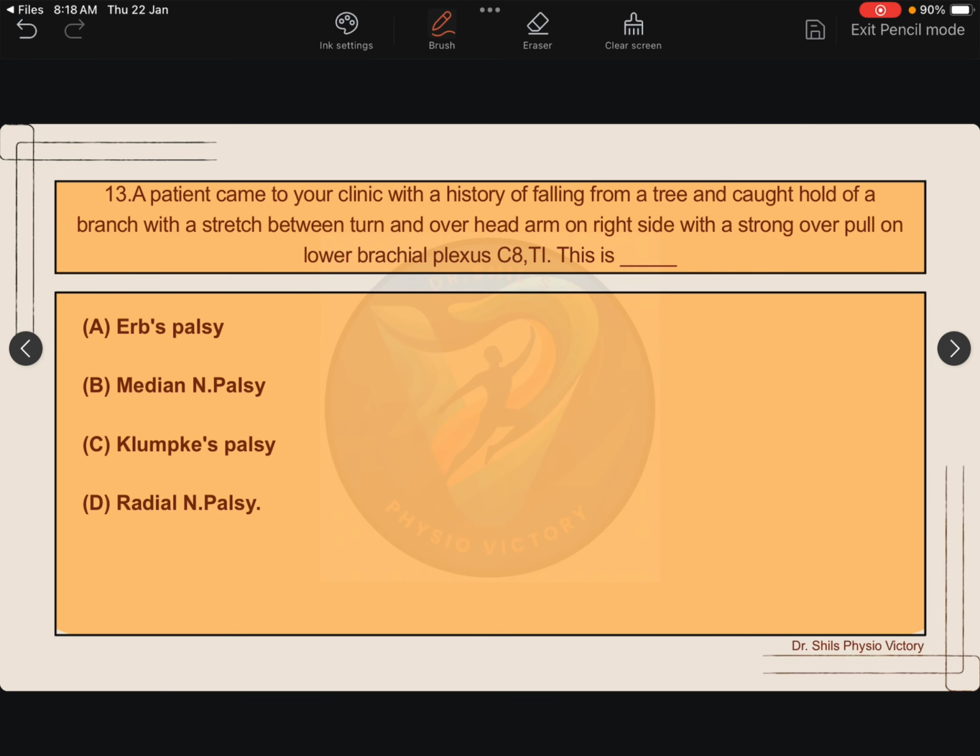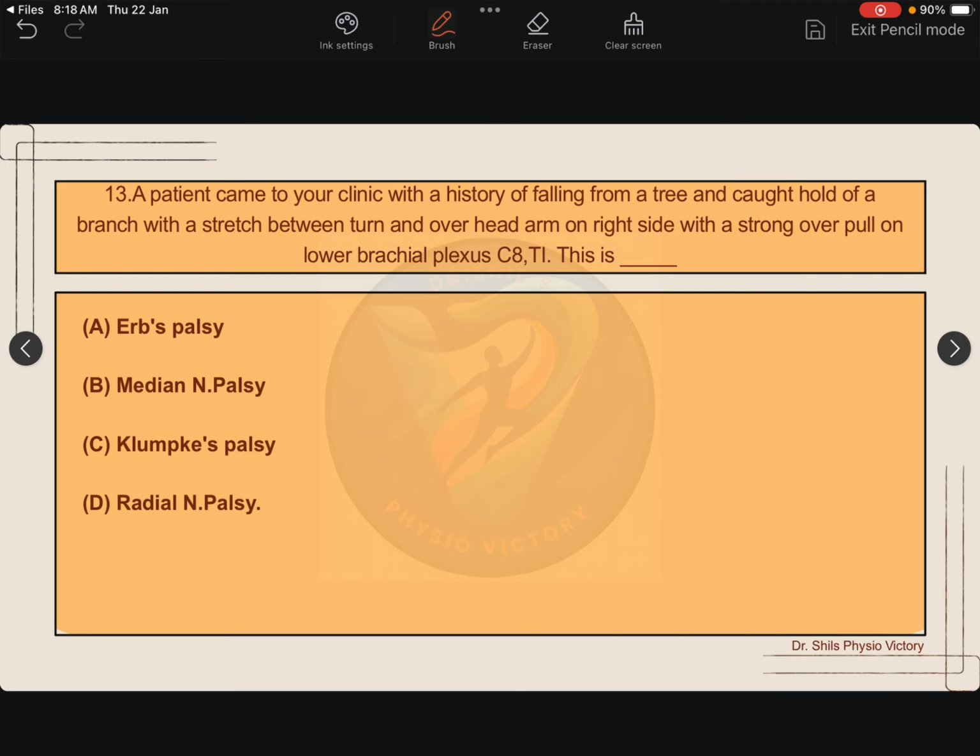Next, come to question number 13. A patient comes to your clinic with a history of fall from a tree and got hold of a branch with a stretched arm overhead on right side with a strong overpull on lower brachial plexus, C8-T1.